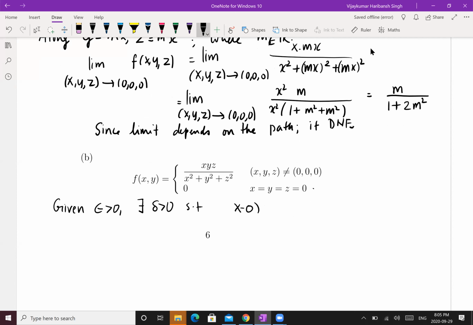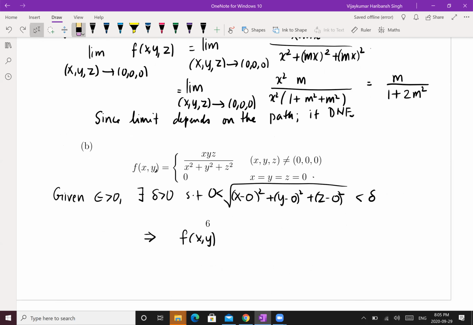the square root of (x minus 0) square plus (y minus 0) square plus (z minus 0) square, greater than 0 and less than delta, should imply that the absolute value of f of x, y, z minus L, where L is f of 0, 0, 0, is less than epsilon.